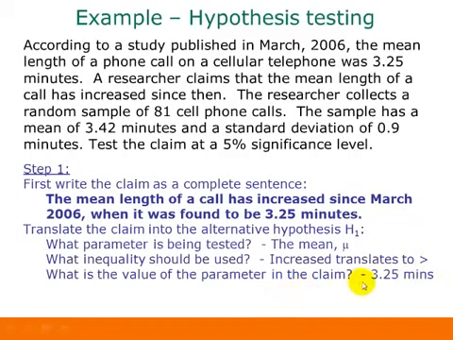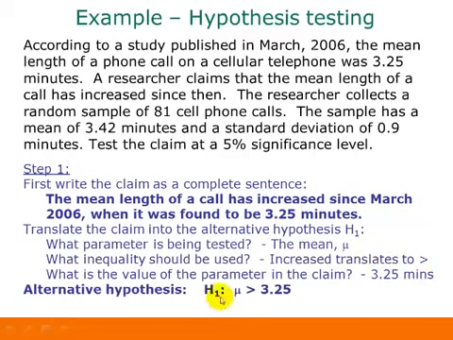And the value of the parameter in the claim was 3.25 minutes. So we just take those 3 things and write our alternative hypothesis. So we have mu is greater than 3.25. For our null hypothesis, we replace the greater than with an equal sign. So there's our null hypothesis and our alternative hypothesis.